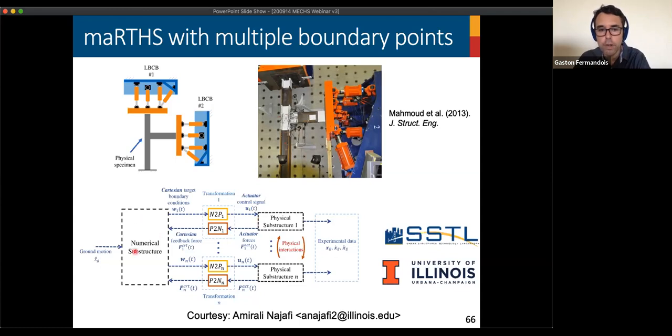So we have a numerical substructure, and we will command a signal in actuator space to each box independently. And then basically we will compensate each actuator independently. We will get the information of each of the specimens independently, and we will feed that back into the numerical substructure in terms of the forces that were measured.